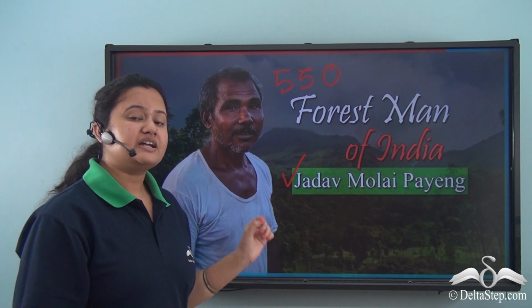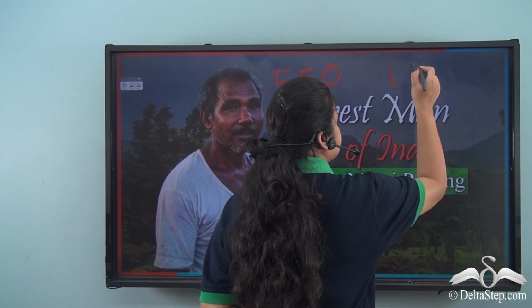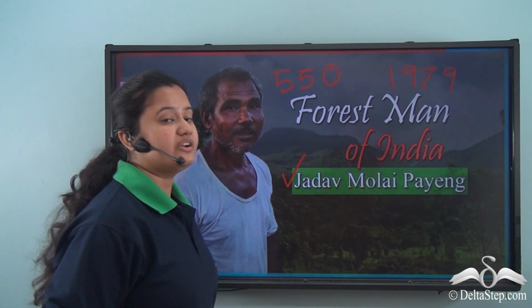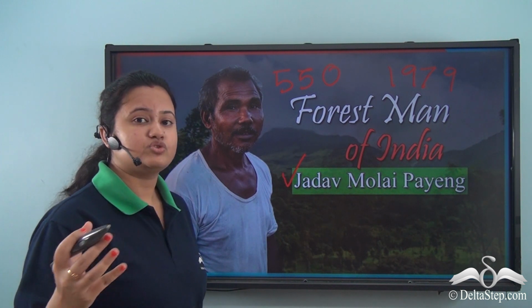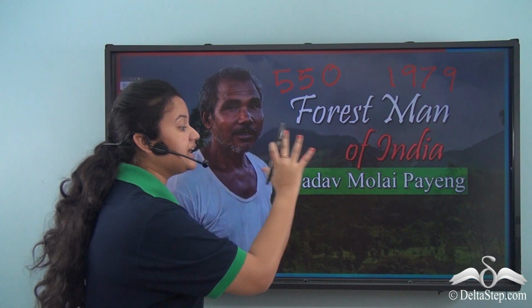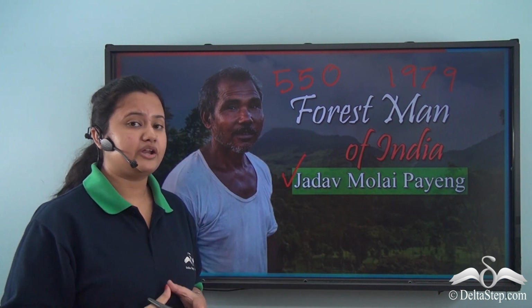He started planting trees on the land in the year 1979. In that year, he planted only a few trees, and over the span of 30 years, he converted the entire land into a dense forest full of biodiversity.